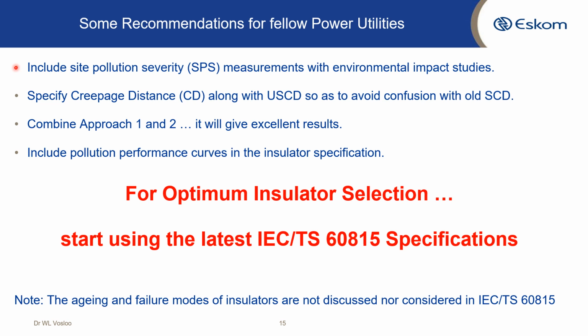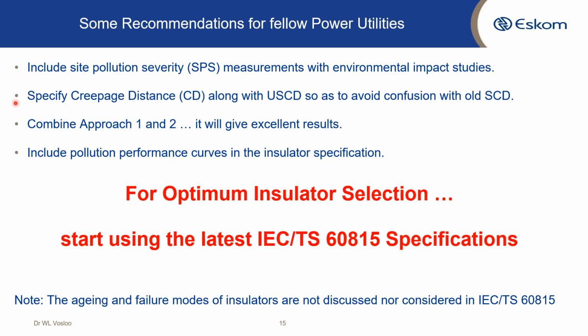So I would strongly recommend that we include site pollution severity measurements within these environmental impact studies. Further, let them tell us what the environment is going to do to our network. For instance, are there birds, or are we going to expect some weird animal or ant or something that's going to chomp up our insulators or whatever? So let's include that into our environmental impact studies.